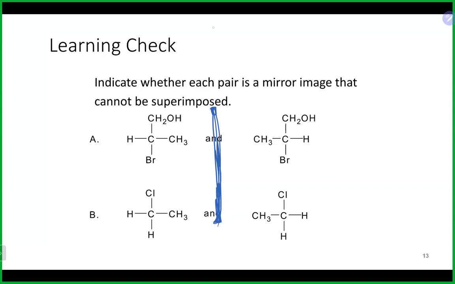Okay, so how would I want to solve this? Probably just go by our definitions of chiral and achiral. The chiral compound has a non-superimposable mirror image, and an achiral has a superimposable mirror image.